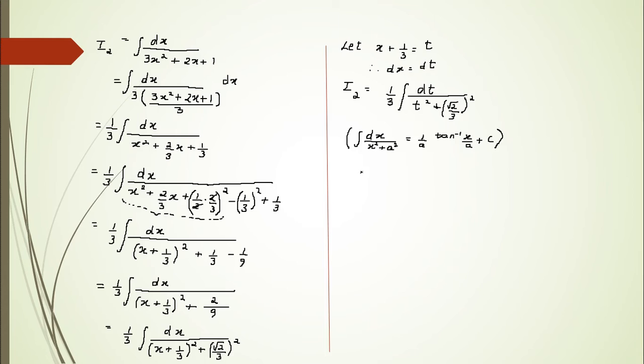Therefore I2 will be equal to 1 by 3 into 1 by a. A is root 2 by 3.